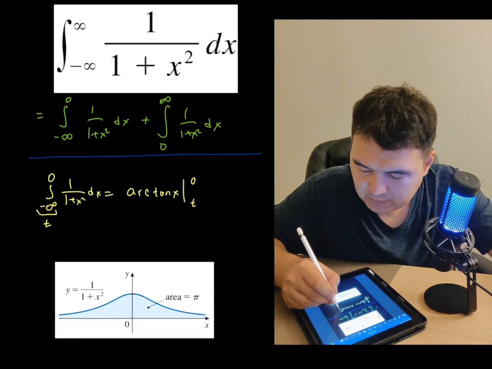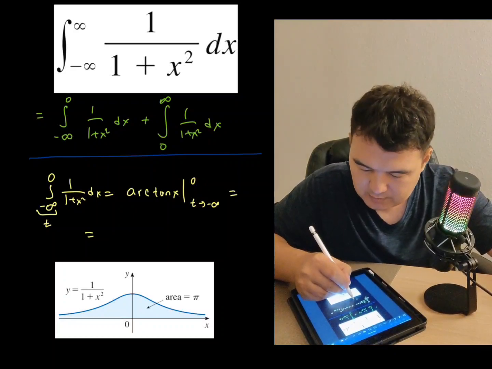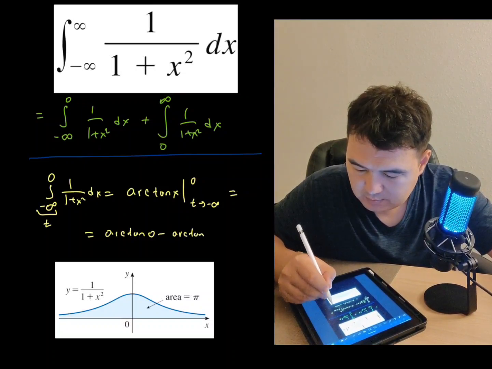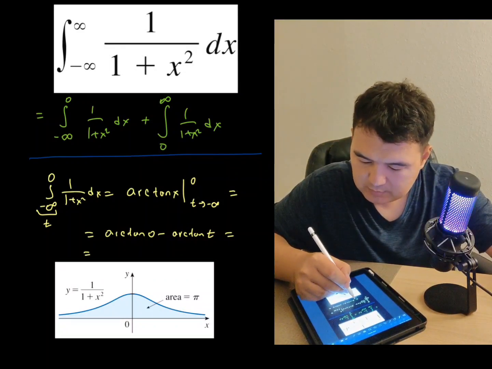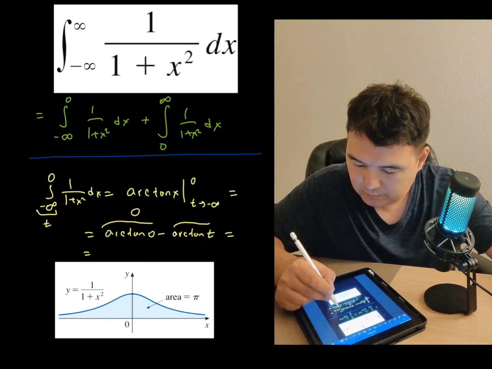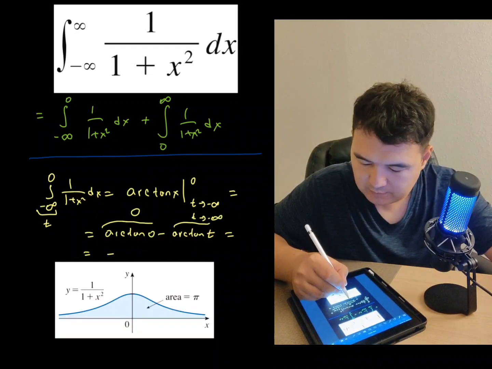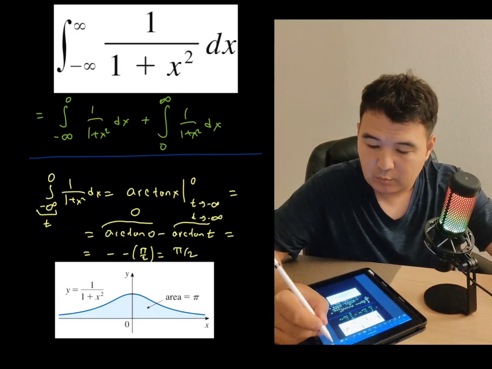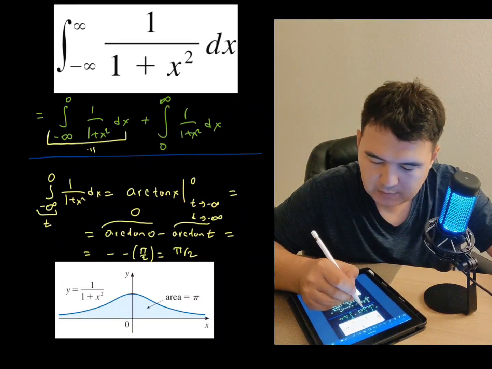Evaluated from t to 0 as t goes to negative infinity, I plug in arctangent 0 minus arctangent t. Since arctangent 0 is 0 and arctangent t as t goes to negative infinity is negative pi over 2, the result is negative of negative pi over 2, which is just pi over 2. So the first part of my integral is pi over 2.